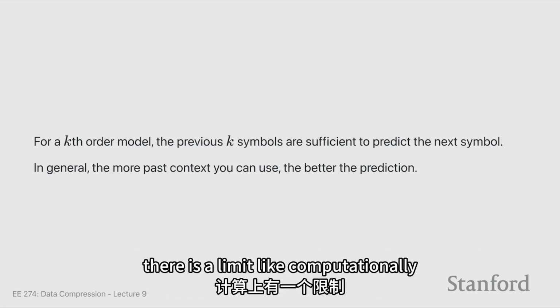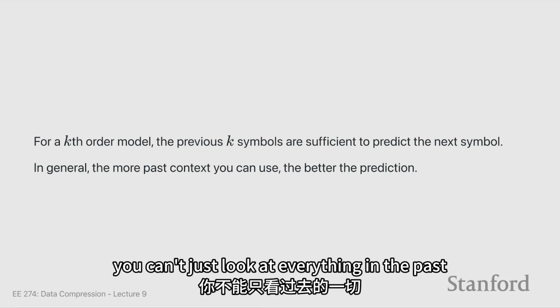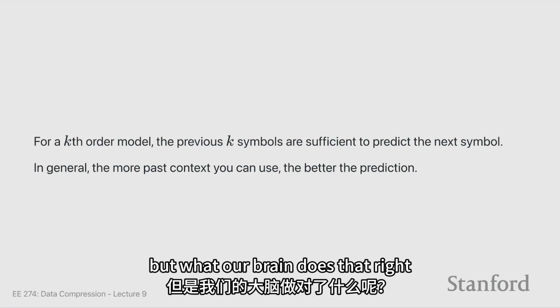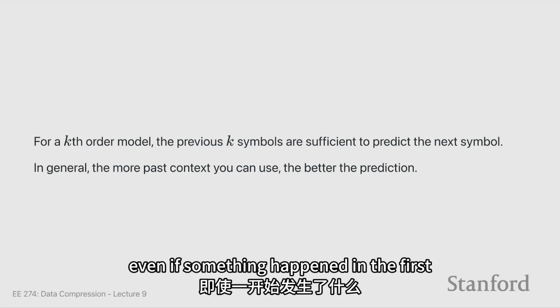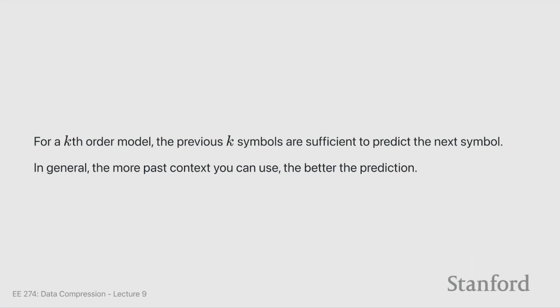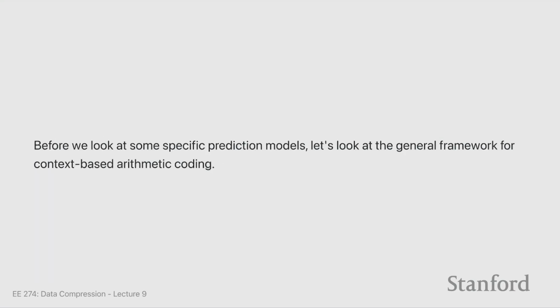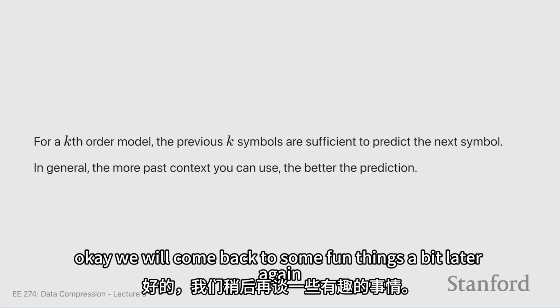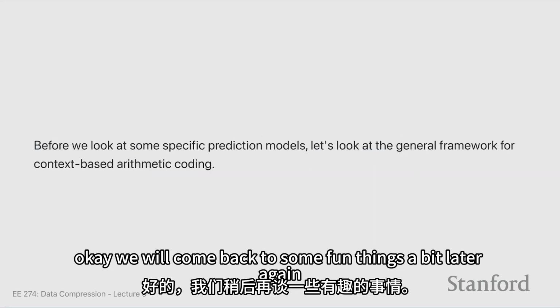There is a limit, computationally you can't just look at everything in the past, but our brain does that, in a way. When you're reading a novel, even if something happened in the first chapter, we flip back the pages and look if we don't remember. Okay, we'll come back to some fun things a bit later.